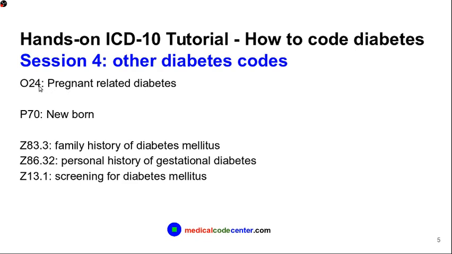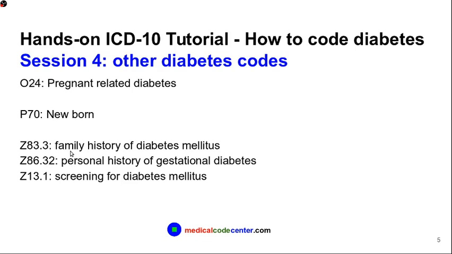If the woman is pregnant and has diabetes, you use the category O24. If it is a newborn, you use another diabetes category, P70. So those are the two: O24 for pregnancy and P70 for the newborn.